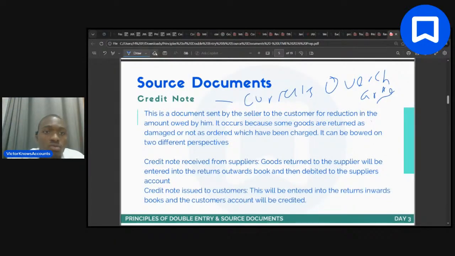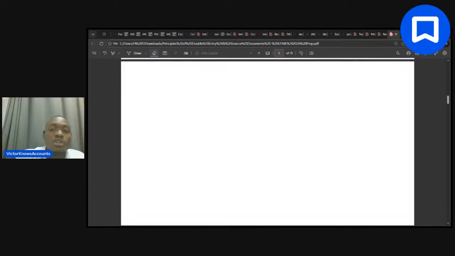So that's the major difference between the two. One corrects an undercharge while the other corrects overcharge.